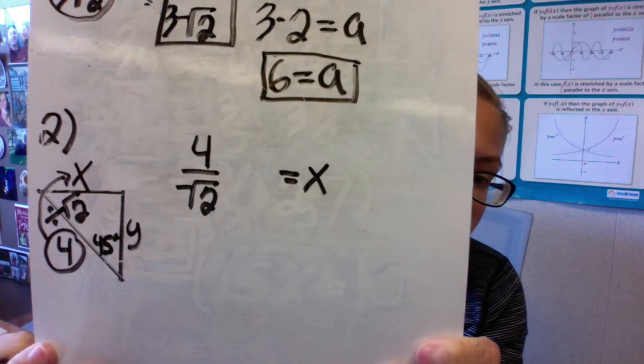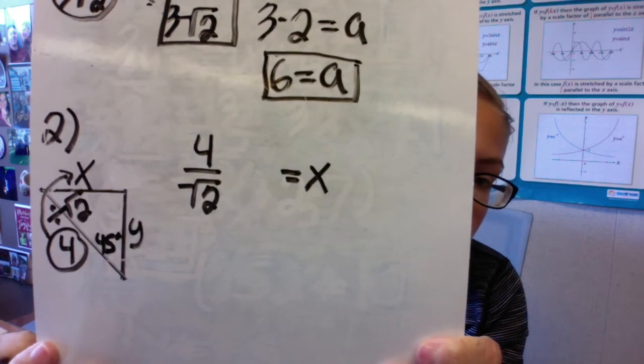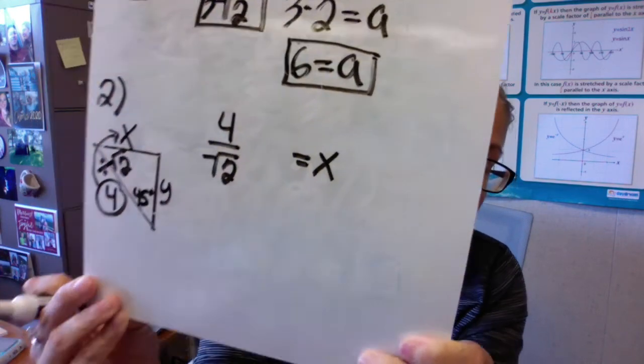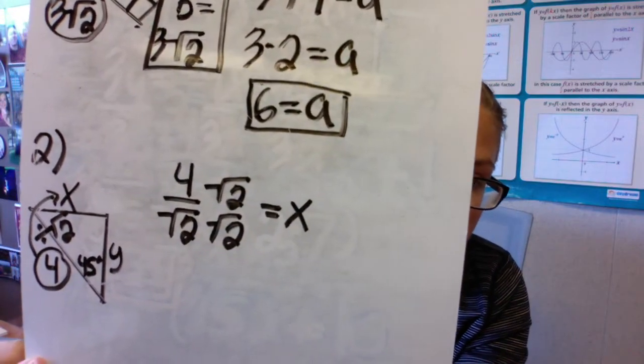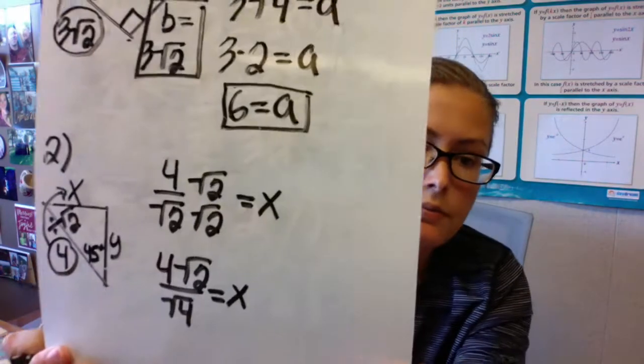We need to rationalize the denominator, so we're going to multiply the top and bottom by radical 2. So now we have 4 radical 2 over radical 4 is equal to x.